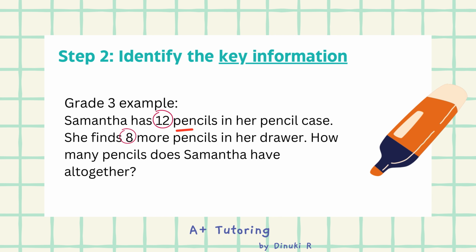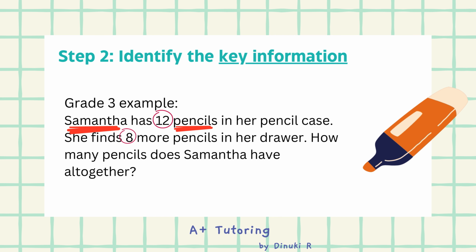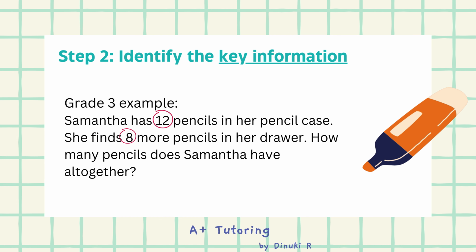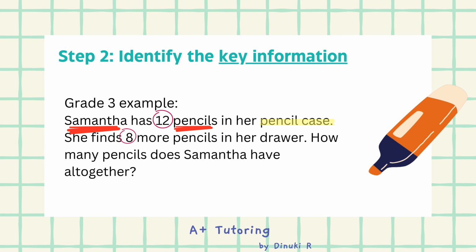Whose pencils are we talking about? Samantha's. And the last bit that we need to understand is that Samantha originally has 12 pencils in her pencil case and she finds 8 more in her drawer. What's the question asking us to figure out? The number of pencils that Samantha has altogether.